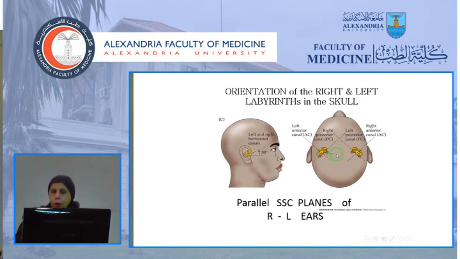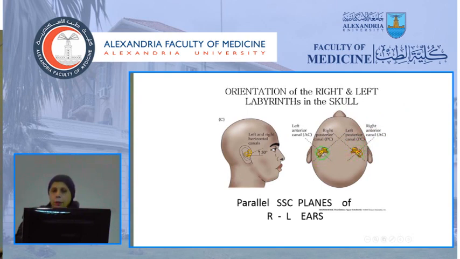If we look at the semicircular canals, their orientation is such that one canal, for example the anterior vertical semicircular canal, is in the same parallel plane as the posterior semicircular canal on the other side, such that when the head moves forwards or backwards in an angular manner, one canal will be stimulated and the other canal will be inhibited.